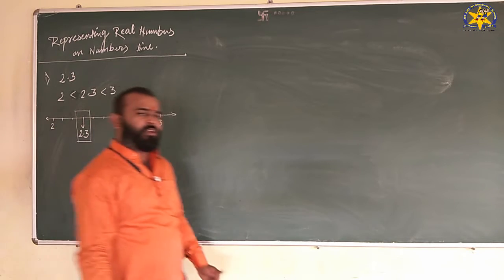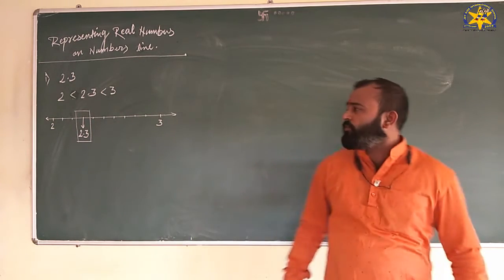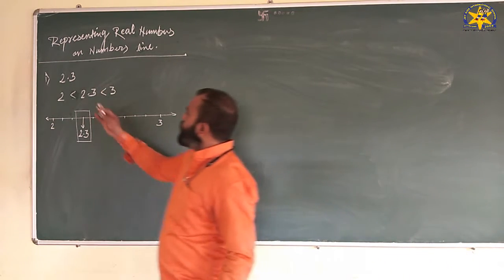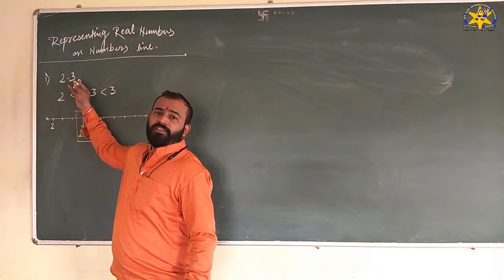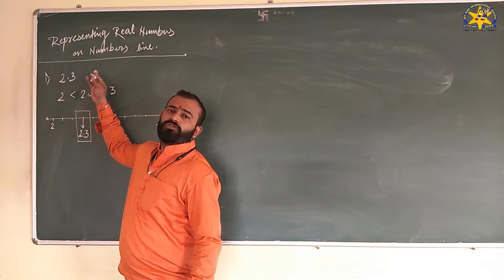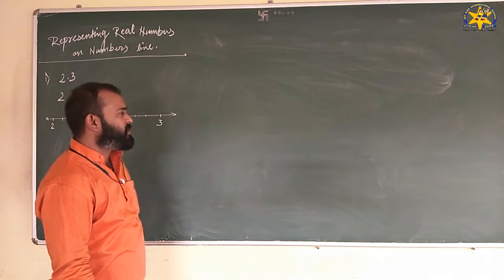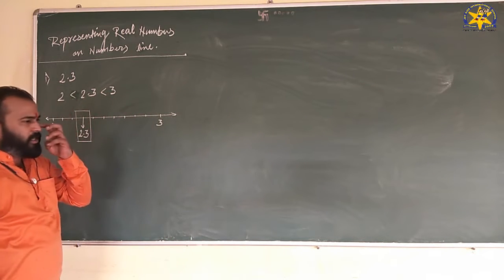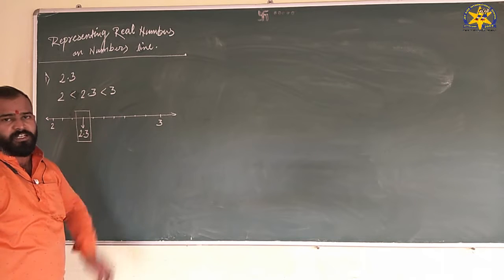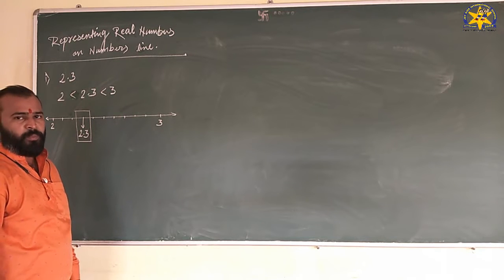We will go the same way, but now there will be some more decimal places, up to the 100th, 1000th, or there can be a recurring decimal also. We learn how to represent such numbers on the number line.